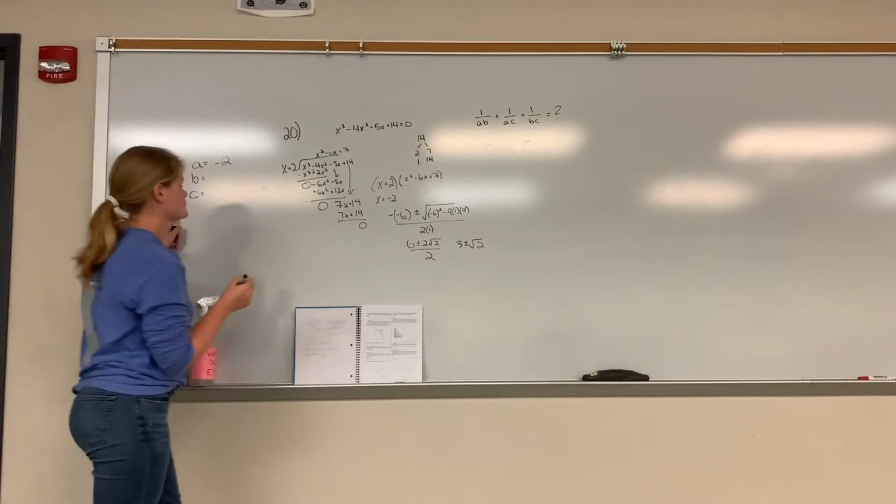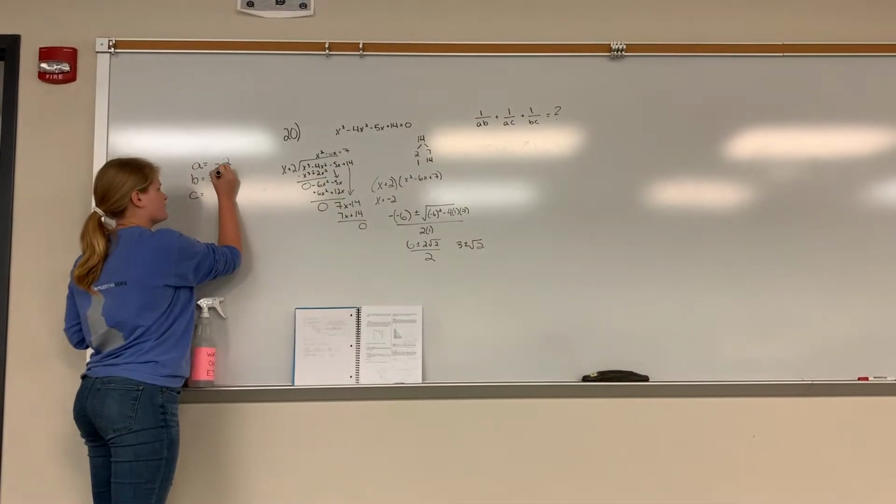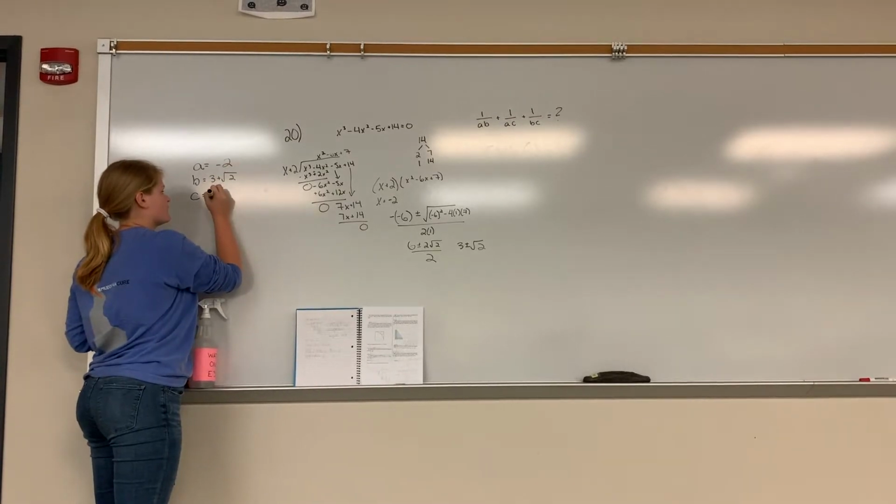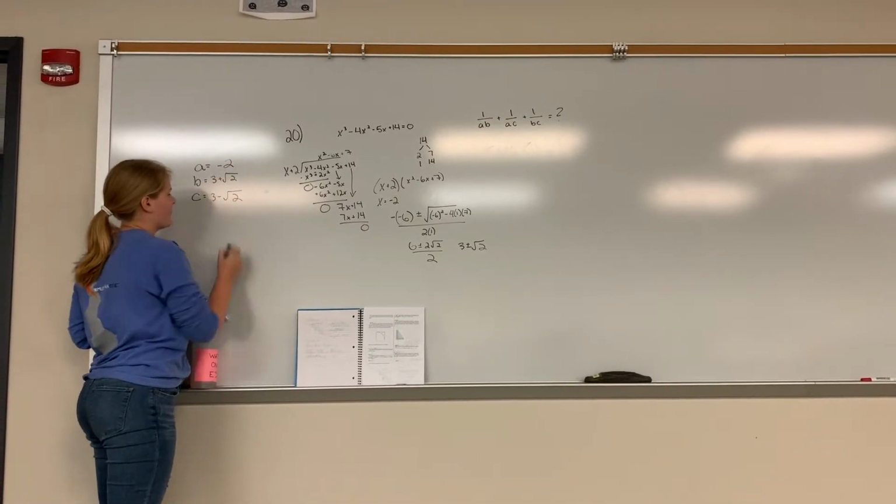So those are our other two solutions, b and c: 3 plus the square root of 2, and 3 minus the square root of 2.